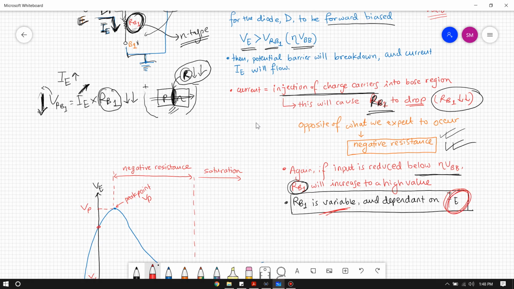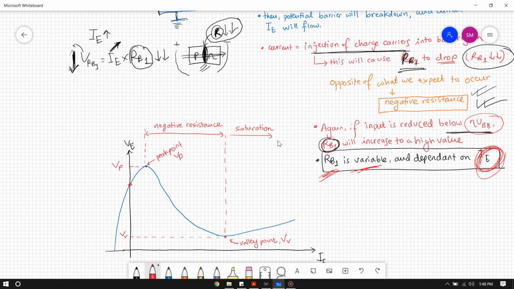When we apply a voltage across the emitter terminal that is greater than eta VBB, IE starts flowing and the resistance RB1 will decrease. However, when we reduce the voltage back below eta VBB, the resistance RB1 will increase, because we have reduced injection of charge carriers. So RB1 depends upon the injection of charge carriers, or the current flowing through the emitter terminal.